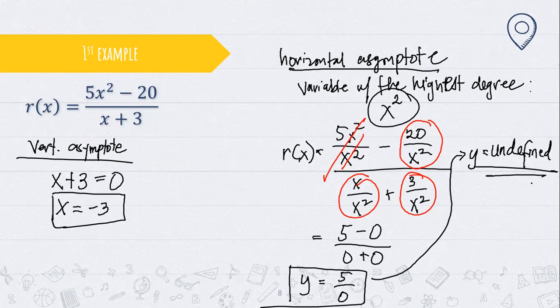Kapag ang x-intercept, y-intercept, vertical asymptote, and horizontal asymptote ay undefined, kapag nag-compute tayo ng apat na yon at may undefined doon, ibig sabihin, wala siya nun. Ibig sabihin, class, kapag undefined yung nakuha natin in any of the four na tinuro ko ngayon, hindi natatapos yun sa undefined. Instead, the final answer is no horizontal asymptote.